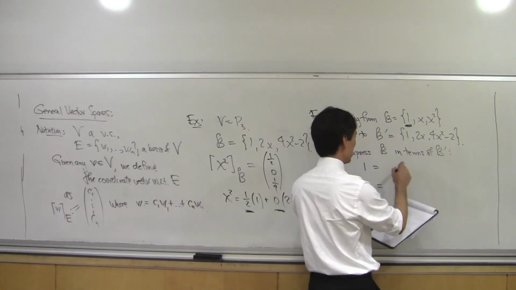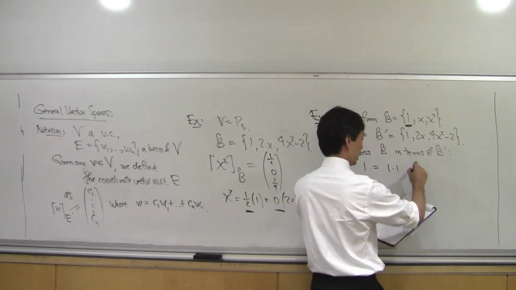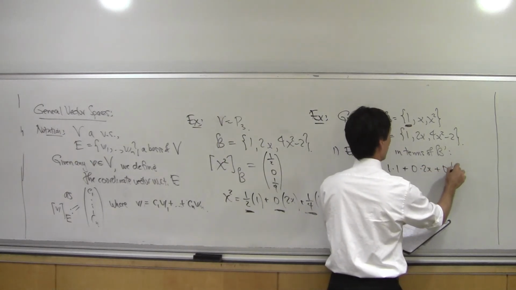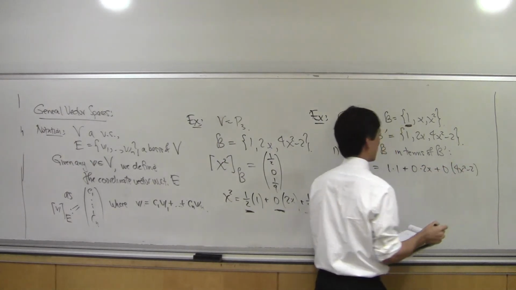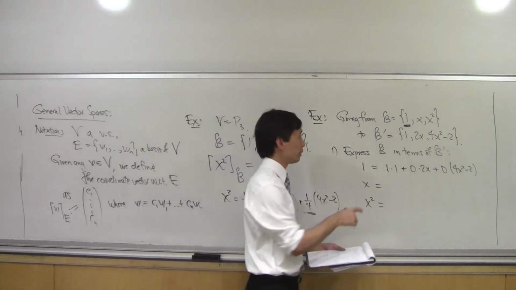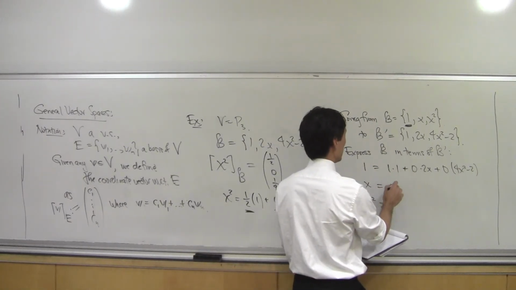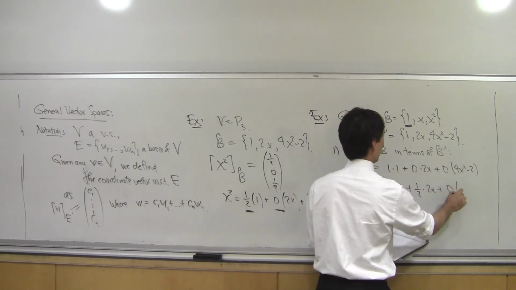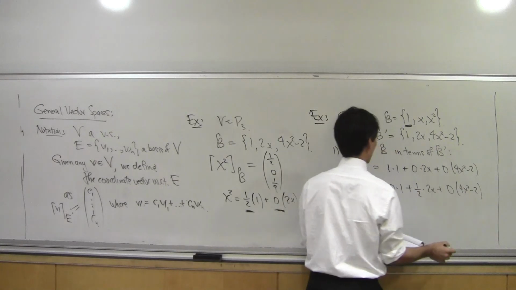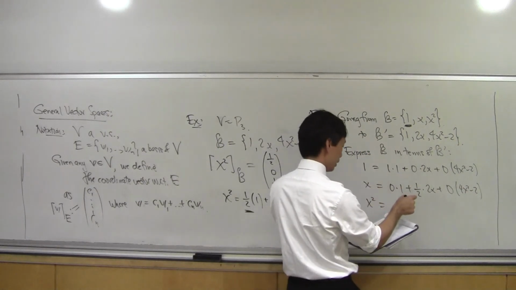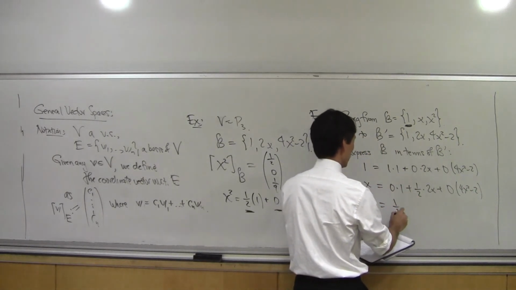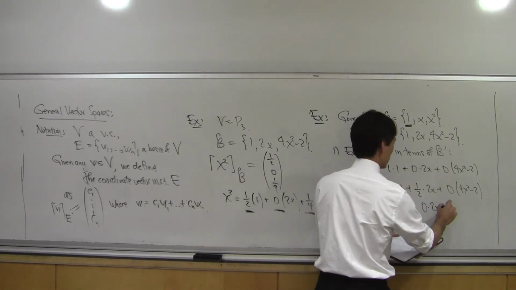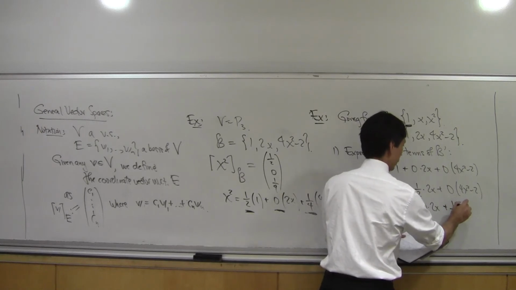This first one is 1 times 1 plus 0 times 2x plus 0 times 4x squared minus 2. x is going to be 0 of 1 plus 1/2 of 2x plus 0 of 4x squared minus 2. x squared, as we just saw, is 1/2 of 1 plus 0 of 2x plus 1/4 of 4x squared minus 2.